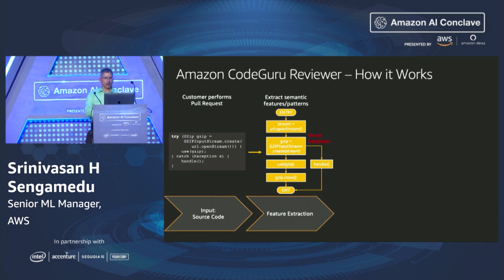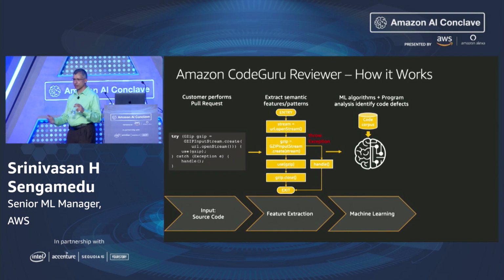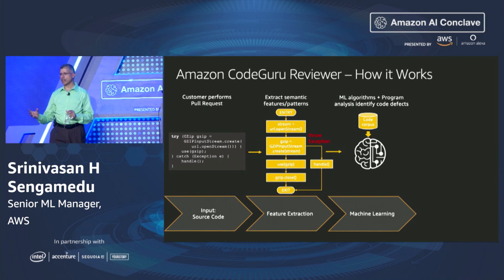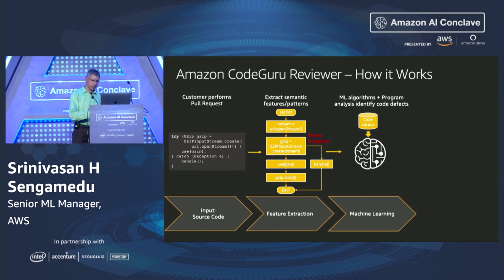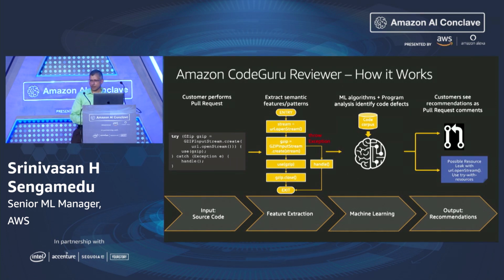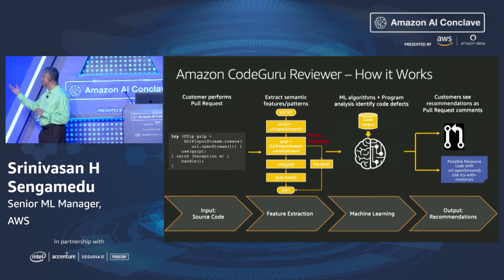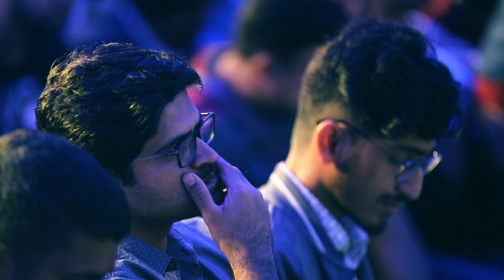This representation is fed to machine learning models, and as I mentioned, these are trained on both the AWS and Amazon code base, as well as the top 10,000 repositories on GitHub. Then the model output is given as a recommendation as part of the code review workflow. If you look at this code, there is a resource leak happening, and that's what the developer gets. And the developer can give feedback on this.